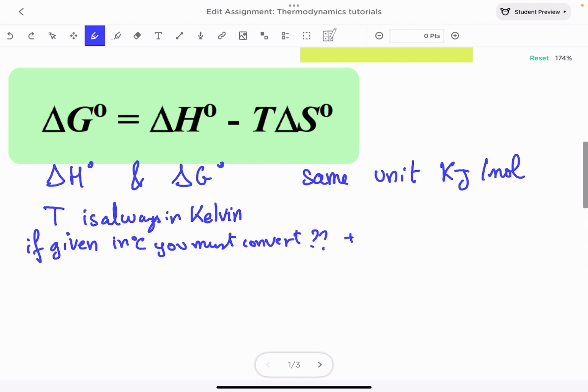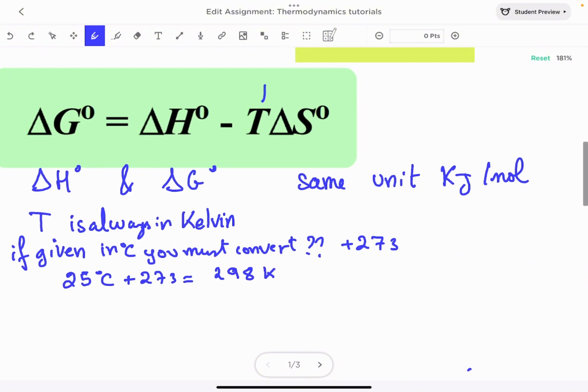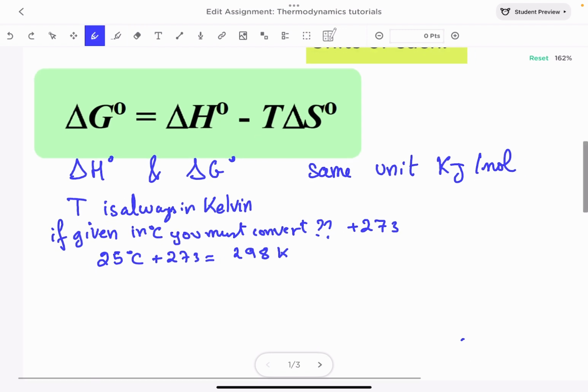Simply, you add 273. So if a question is telling me that the reaction is happening at 25 Celsius, you cannot just substitute 25 over here. You must change it to Kelvin, and then you substitute. That's for T.